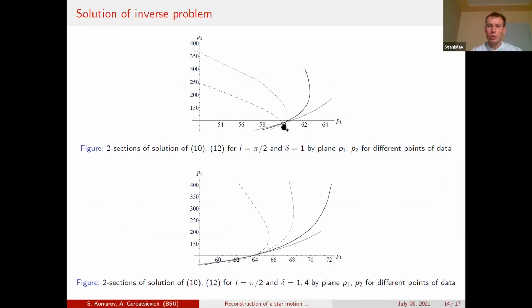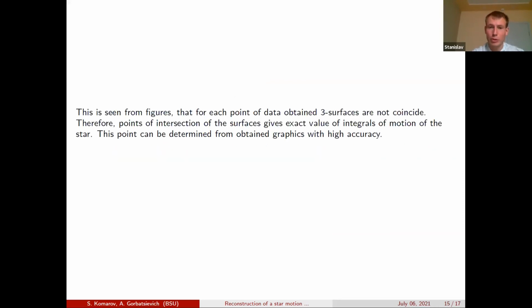No, these are not surfaces in 5-dimensional space, but only sections of the surfaces in the two-dimensional space of pericenter and apocenter distance. And through these surfaces, we can find the point of intersection that corresponds to the exact solution for the parameters of motion of the star.